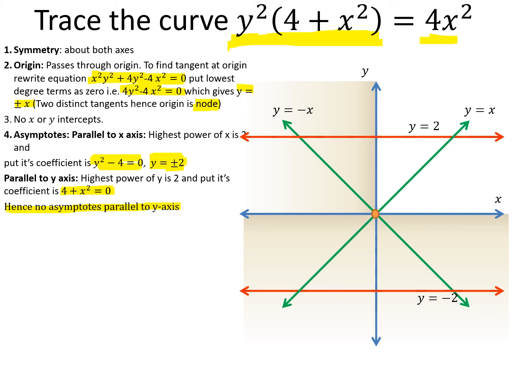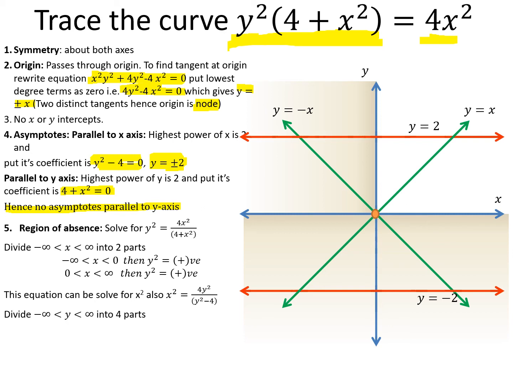Now come to the last, that is region of absence. Now for this particular equation, you can find out this equation is also solvable for x square and for y square too. So we will solve our equation first for y square. So we will get y square is equal to 4 x square upon 4 plus x square. If you put denominator and numerator equal to 0, you will get only real value of x as 0.